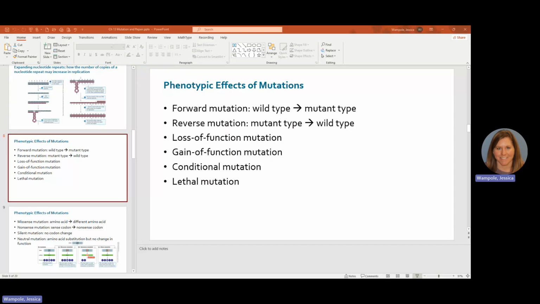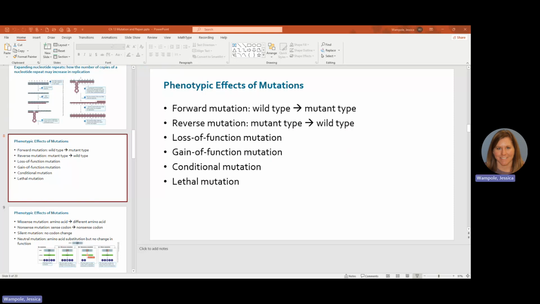If you remember from our discussion on proteins, our amino acids have different chemical properties based on their R group. They might be acidic, they might be basic, they might be polar, non-polar.